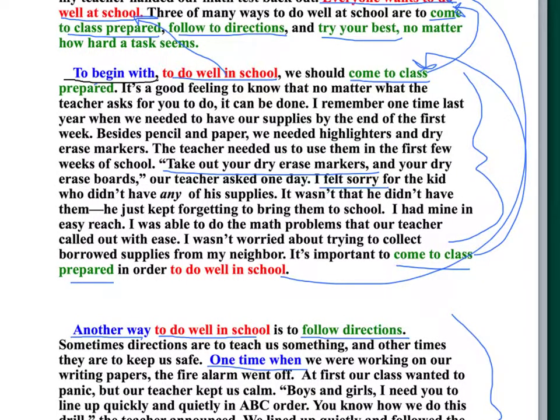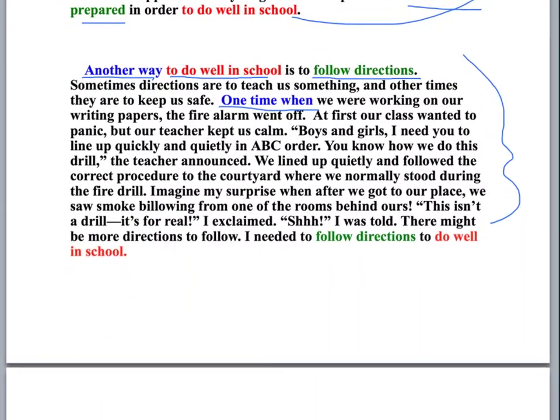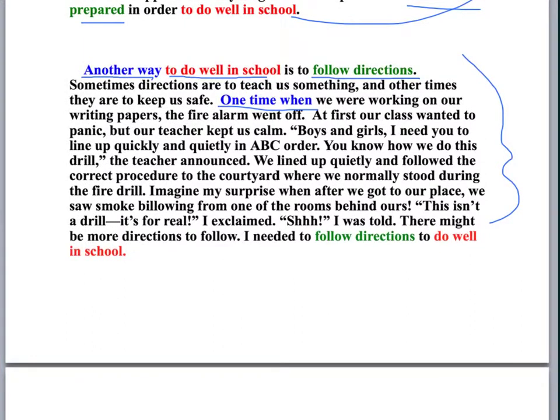So really, I remember one time last year, that should be in blue because that's like a transition or a one-time win. So we have a one-time win. We had the story. We wrote the reason one more time and stated the prompt one more time.